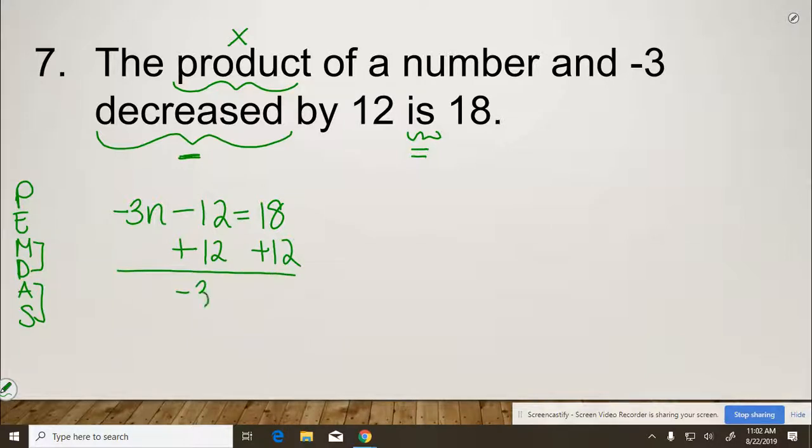Gives me negative 3n equals 30. Now we want to multiply or divide, and I see that there's a coefficient. This number right here is called the coefficient because it's attached to a variable, negative 3. That negative 3 is being multiplied by n, so I'm going to divide by negative 3, and n results in negative 10.